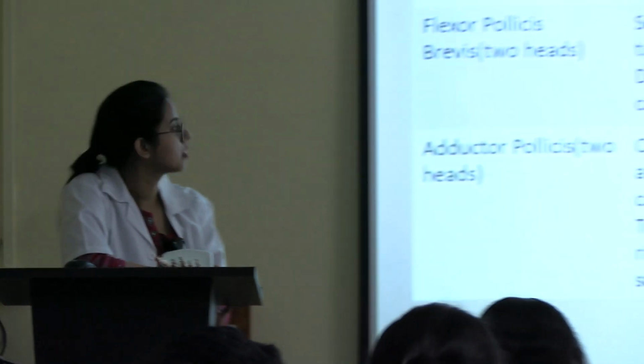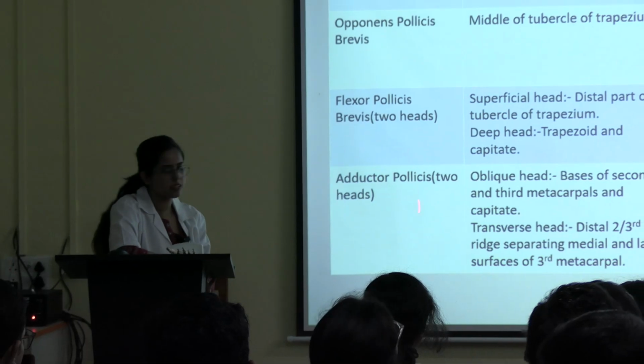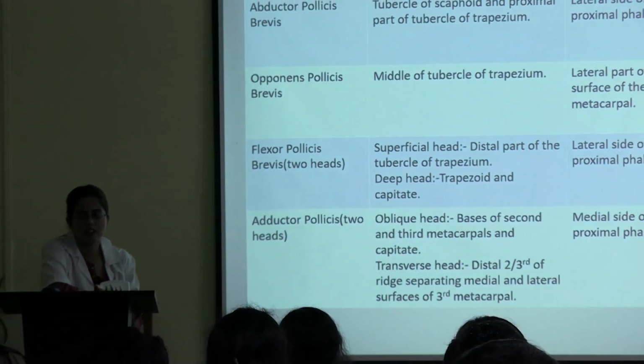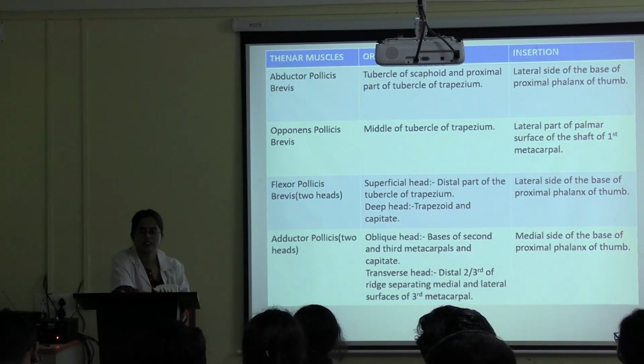Adductor pollicis also has two heads, one oblique and another transverse. Abductor pollicis brevis, opponens pollicis brevis, flexor pollicis brevis, and adductor pollicis. Are you getting? Sit.